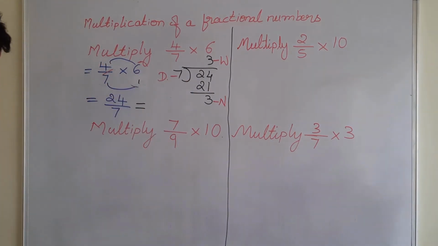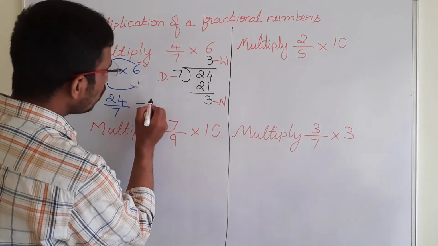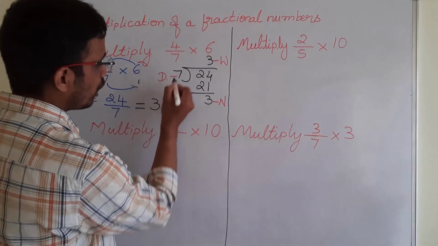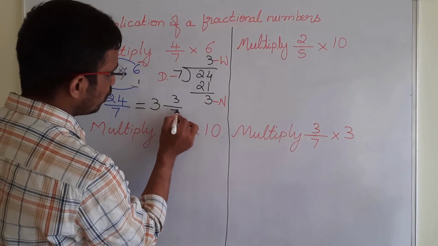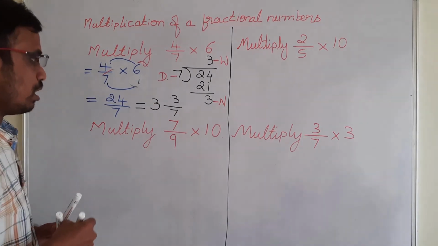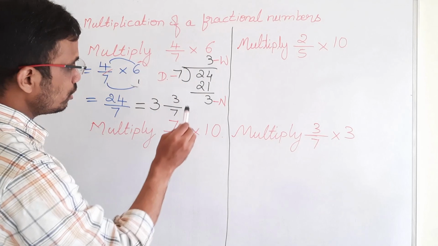Once we write this as a mixed fraction, I will get the final answer. The numerator we need to write above the vinculum, and the denominator below the vinculum. This is my final answer, that is the product of 4 by 7 into 6.